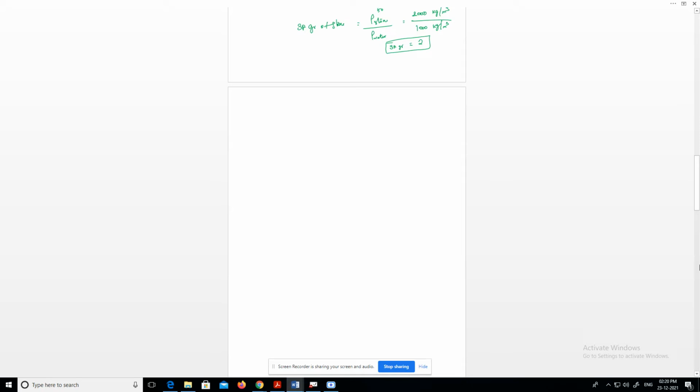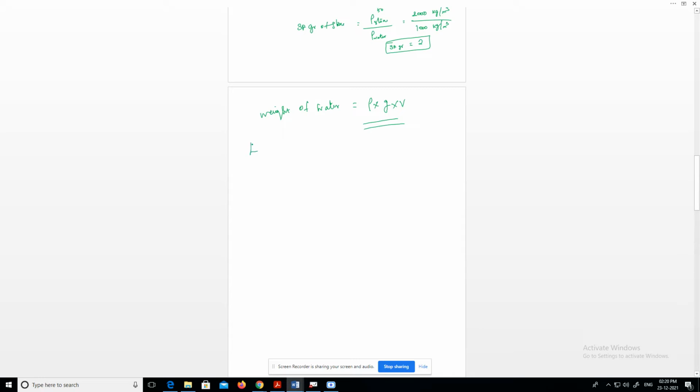And what are the concepts you have to keep in mind when solving buoyancy problems? Weight of the water is equal to density of water, gravity, into volume. This is the weight formula, right?